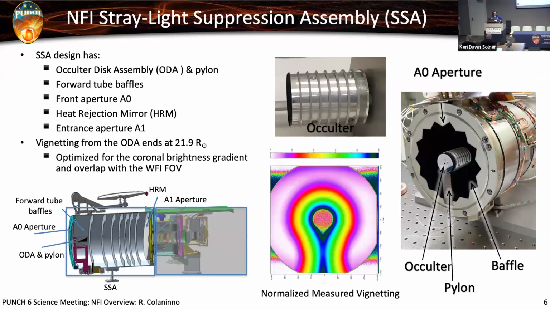So, okay, here's some beautiful hardware photos, what everybody comes to see. The front half of the instrument is the stray light suppression assembly. At the heart of the instrument is the occulter, which you can see there. That is integrated into the front aperture, the A0 aperture, which is serrated.